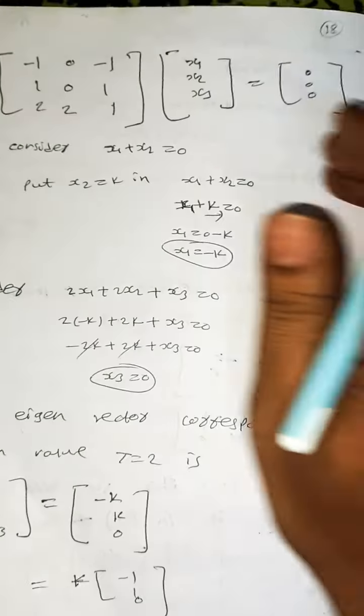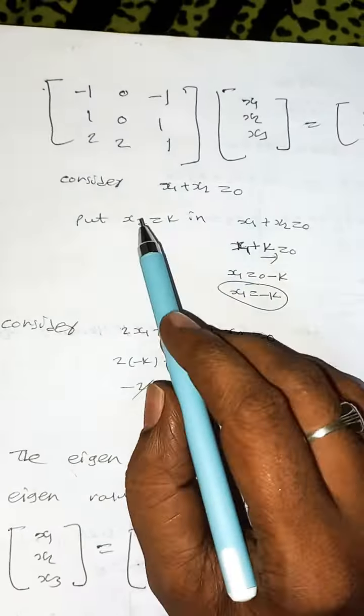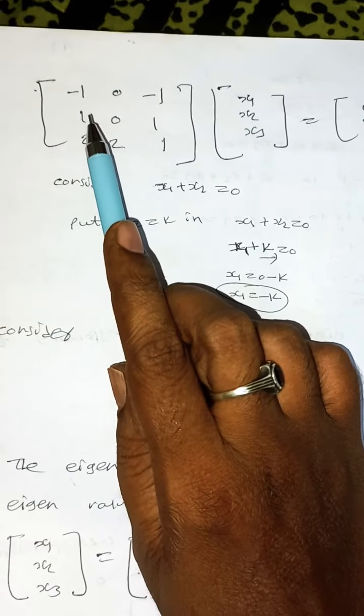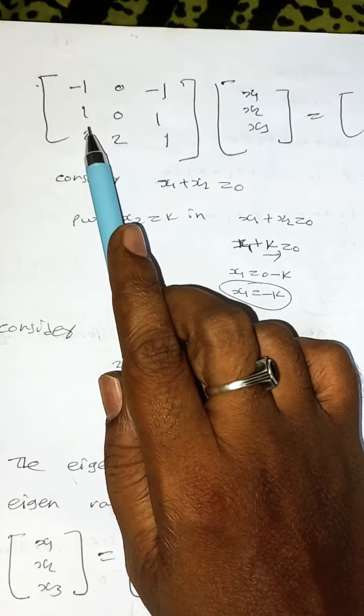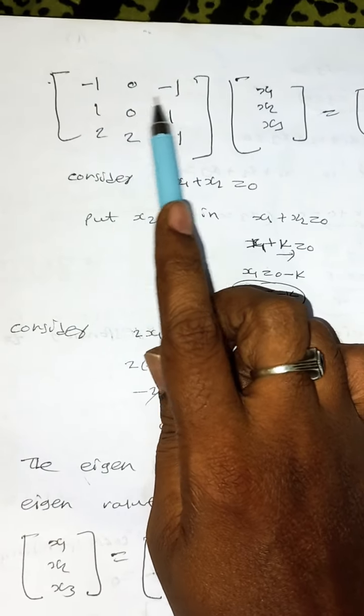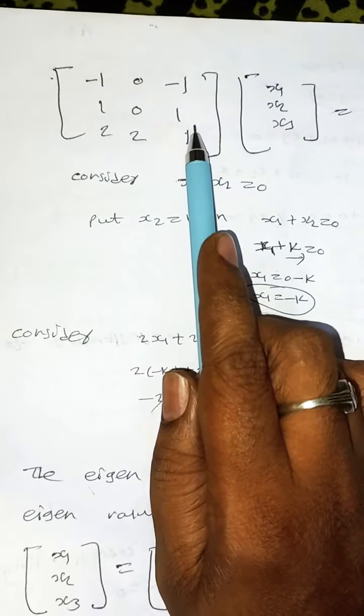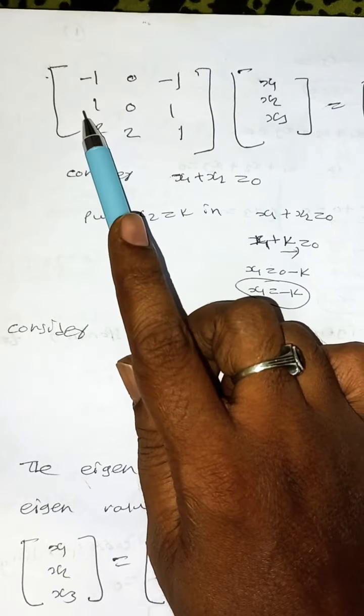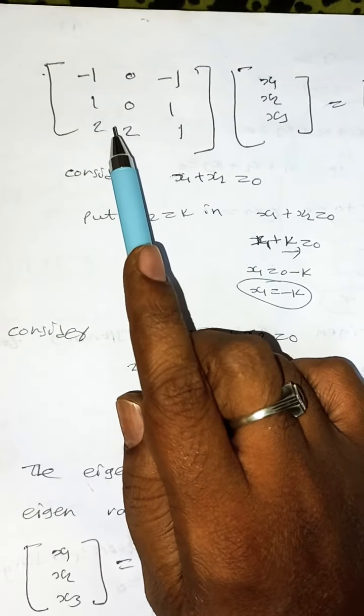Next, if lambda is equal to 2, then the corresponding eigenvector is found by substituting 2 in place of lambda. If you do the simplification, it becomes like this. Now either you can take the first row or the second row, both are the same. If you divide by -1, that's why I am taking the second row. So here x1 plus x3.